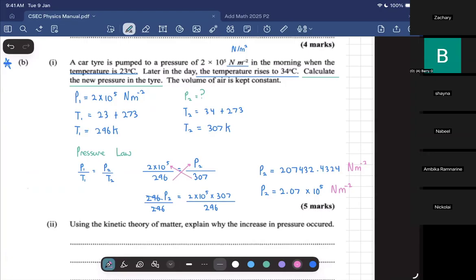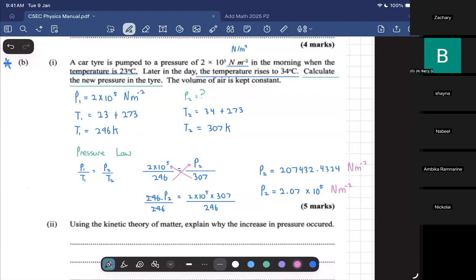All right, Nabil, looking at your working, I see that you wrote 20 by 10 to the power of 5. That is 2.0. Okay, I didn't see the point. Yeah, the answer you have is correct.